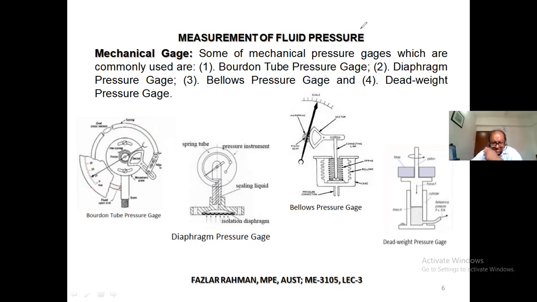diaphragm pressure gauge. You see, diaphragm pressure gauge, how it works: you have a pressure vessel, for example, this type. This is the opening of the pressure vessel, just to give you an idea. Okay, you have an opening. This opening, if you cover it with some kind of membrane, meaning some type of skin, some rubber type material, just for example, flexible.